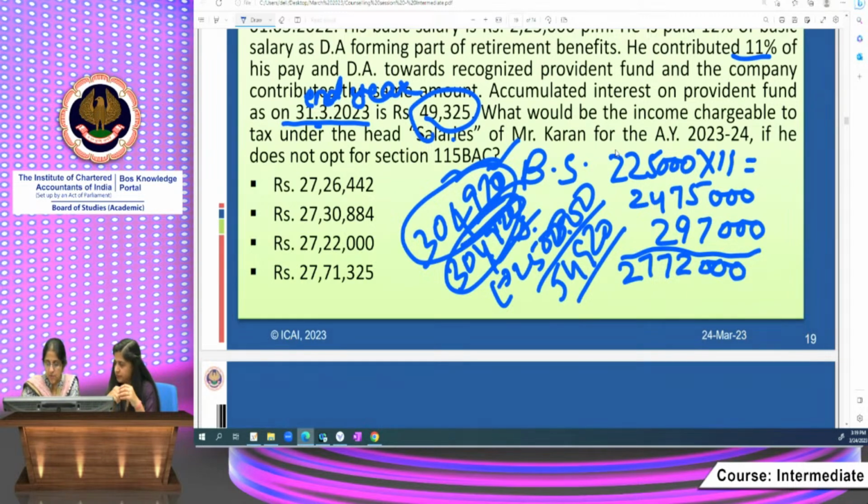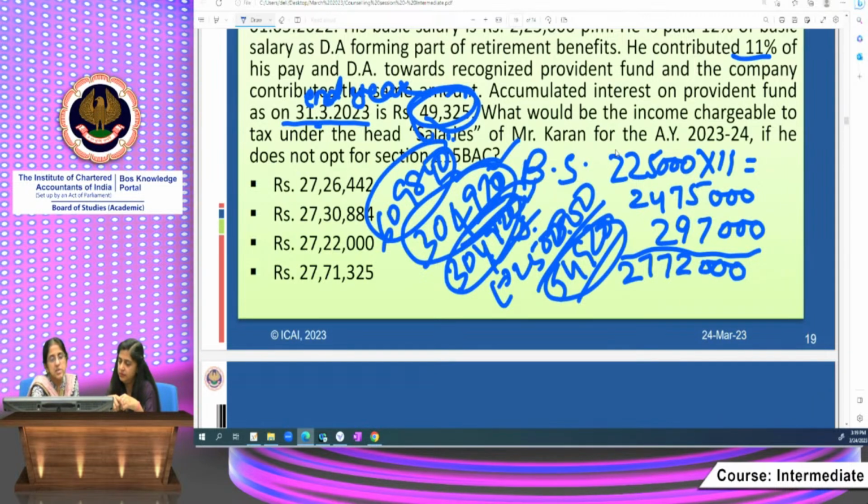So 304,920 into 2 will become 609,840. So 49,325 is the interest on the contribution of 609,840. So which part of the interest will become taxable? It is 54,920, that is 304,920 employee contribution minus the 2,50,000 permissible limit.